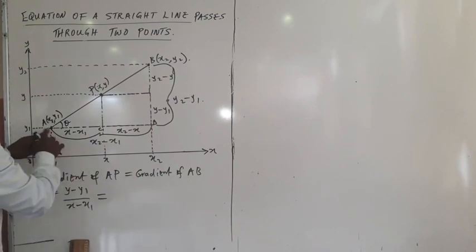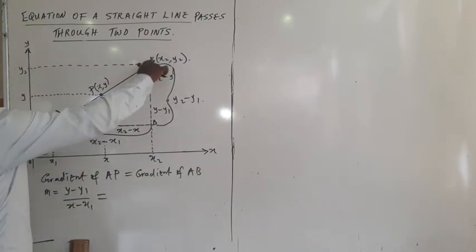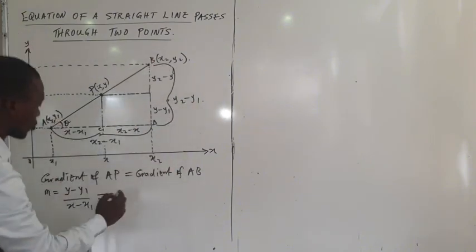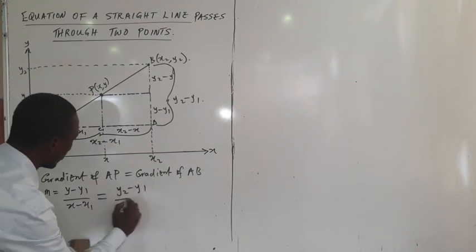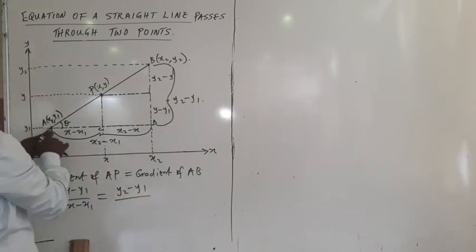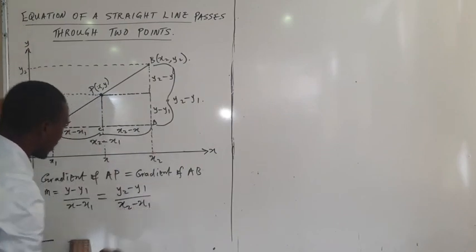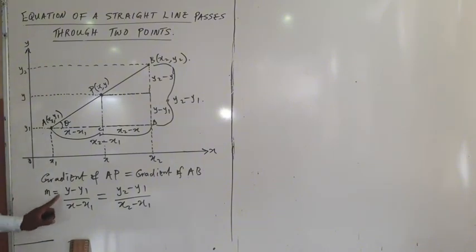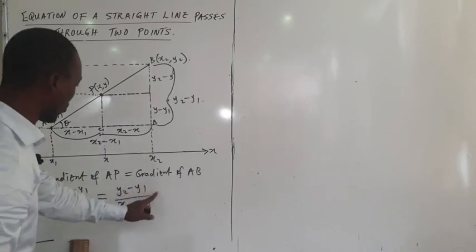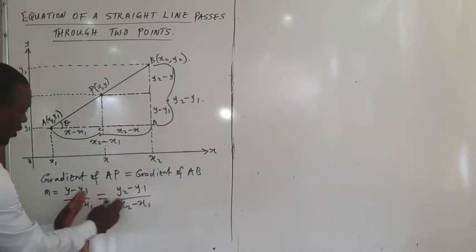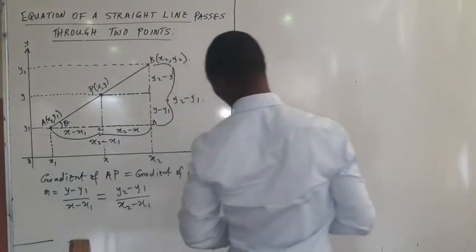The opposite to theta is from B to D, which is y2 minus y1, all over the adjacent to theta along the horizontal axis, which is x2 minus x1. So m equals y minus y1 all over x minus x1 equals y2 minus y1 all over x2 minus x1. So we just equate the second and the third ratio that we have.